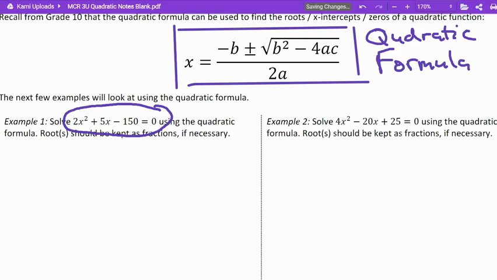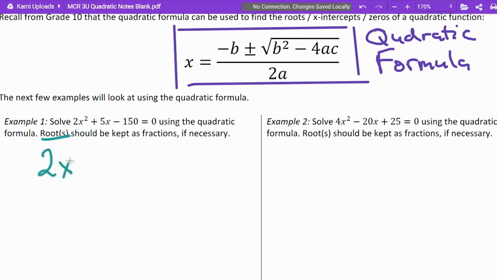Round of applause. All right. It's a function if there's a y and an x in the equation. That means you can graph it. So if you can't graph it, you can't find the x-intercepts. And the zeros is just another word for the x-intercept. All right, so we are just finding roots. And it says roots should be kept in fractions if that applies.